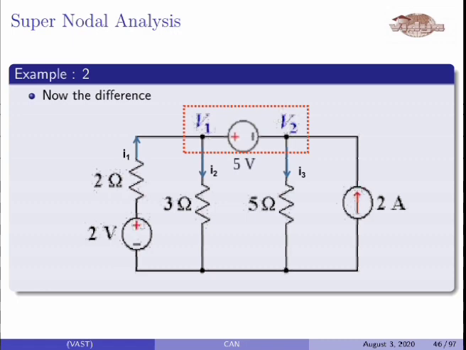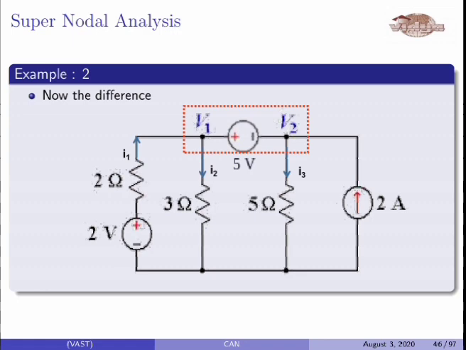And also from the supernode itself you will get a voltage relation. What is that? If a battery is connected like this, it means that the voltage at this point is 5 volt higher than the voltage at this point, which means that V1 is 5 volt higher than V2, or V1 is equal to 5 plus V2, or V1 minus V2 is equal to 5 volt.